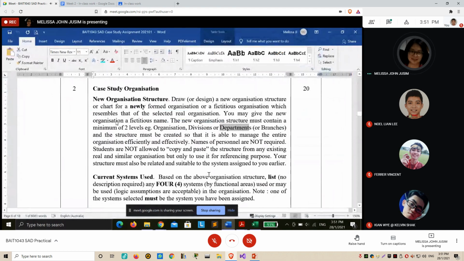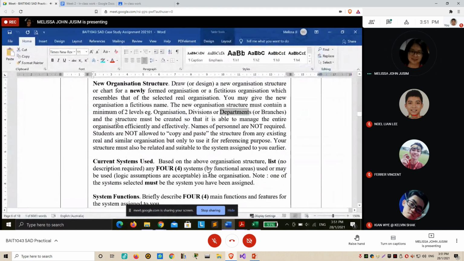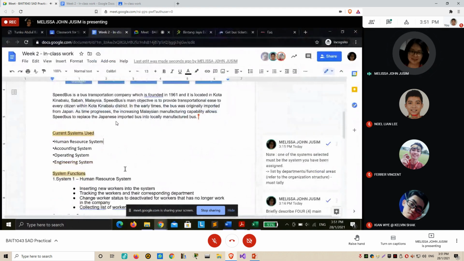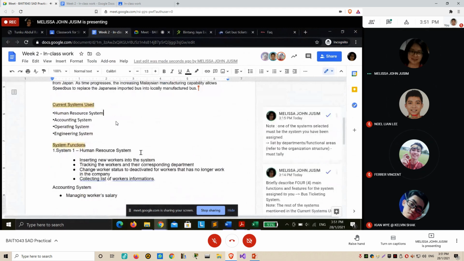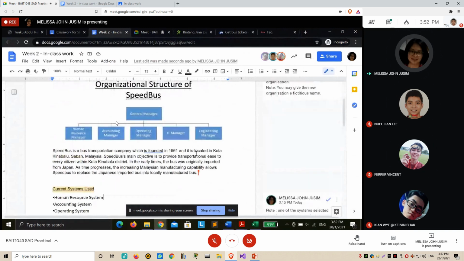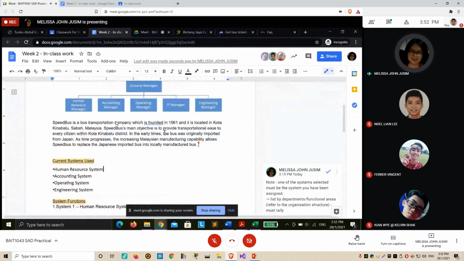HRIS only. Okay, let me see. Yeah, you just need to list out by functional areas. Okay, and then you need to add in the bus ticketing system here. If you remove engineering, then this one also doesn't apply. And then for the IT department, any system that they will use?